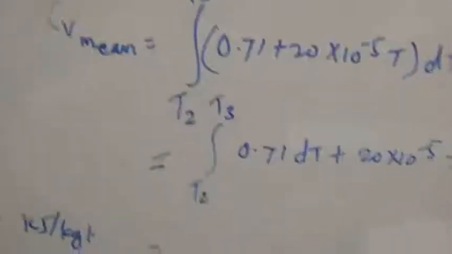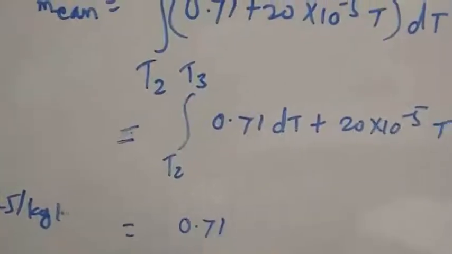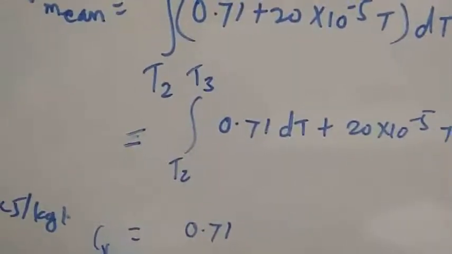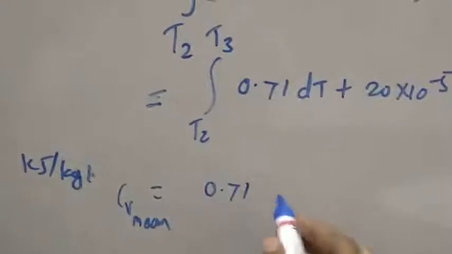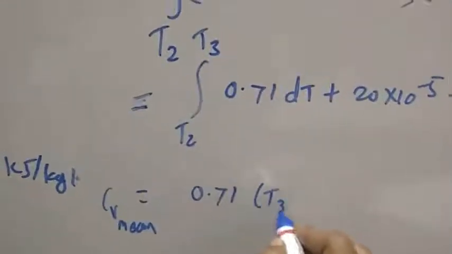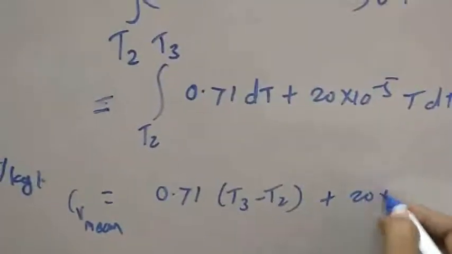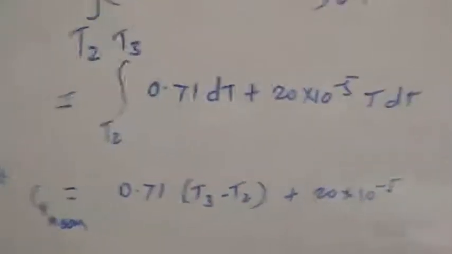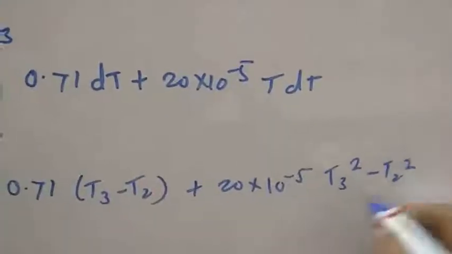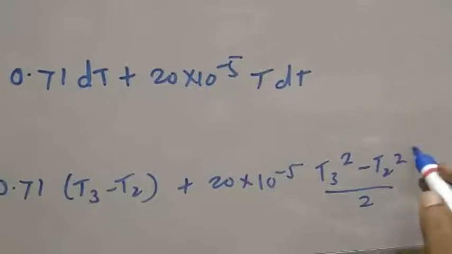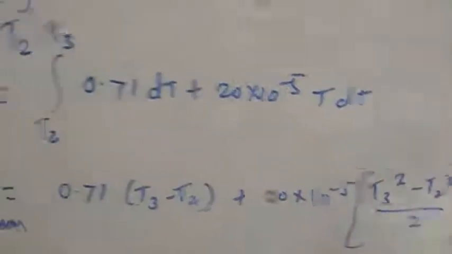So integrating and putting the limits, I'll be getting this as the CV mean: 0.71 into T3 minus T2 plus 20 into 10 raised to minus 5 into T3 square minus T2 square divided by 2. This is the CV mean value we will be getting.